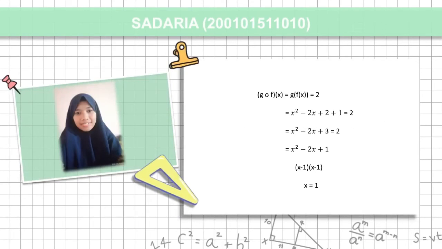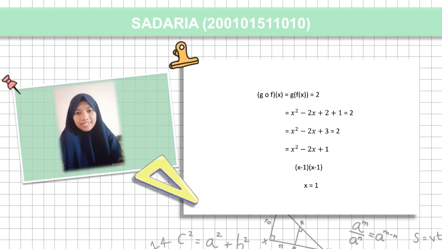The solution. We know that g∘f(x) is equal to g(f(x)) is equal to 2. After that, we replace the variable x with f(x) in x plus 1. So we find x² minus 2x plus 2 plus 1 is equal to 2. After that, combine like terms to form a quadratic equation.